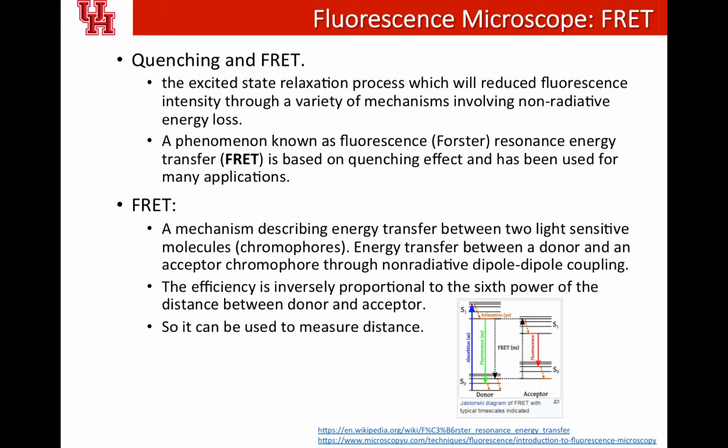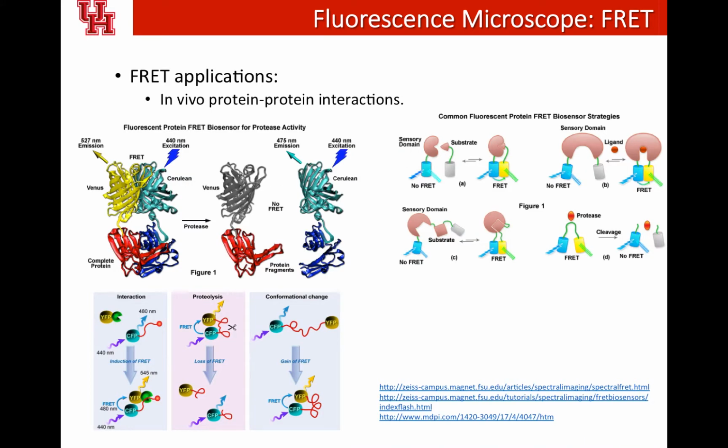So obviously it can be used to measure distance, right? It's very clear. That's why people have developed a lot of applications based on this FRET principle. For example, it has been used to measure protein interaction.